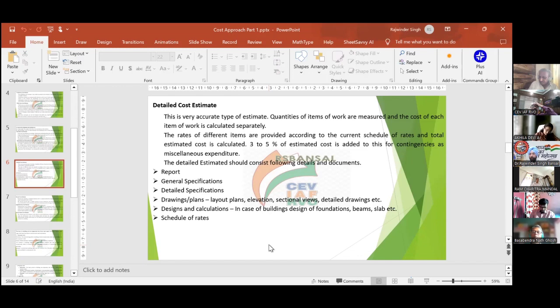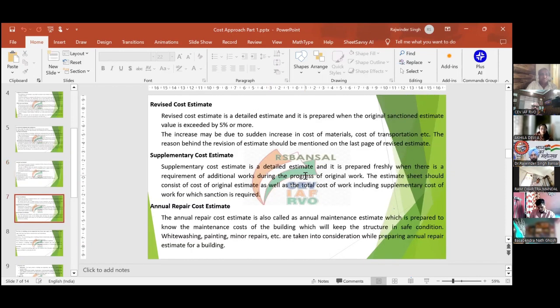In this case, you must know the general specifications and detailed specifications of the building to be constructed. You should have the drawings, plans, elevations, sections, foundation details, and structural details for preparing the detailed cost estimate. And of course, you should have the schedule of rates as prescribed by the PWD of your state.